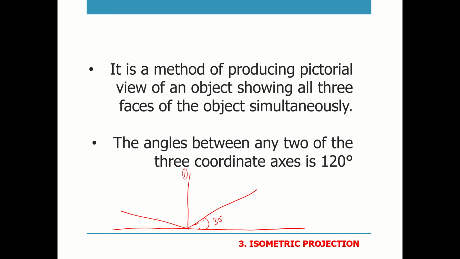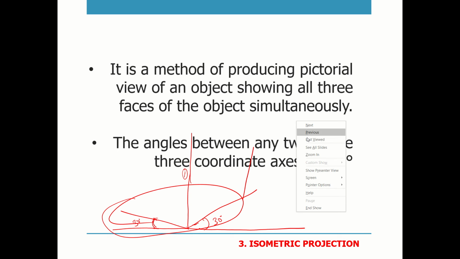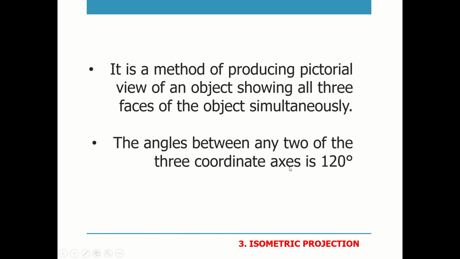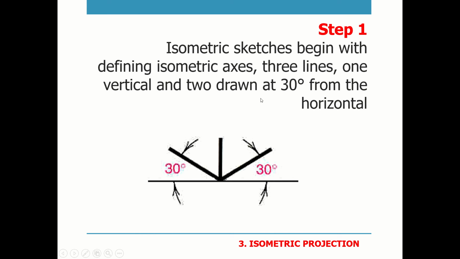Draw another line which is also 30 degrees between this and this. All other things will be constructed based on this basic information. Kindly remember that. I'll show you more examples in coming slides. I think I have explanations also.